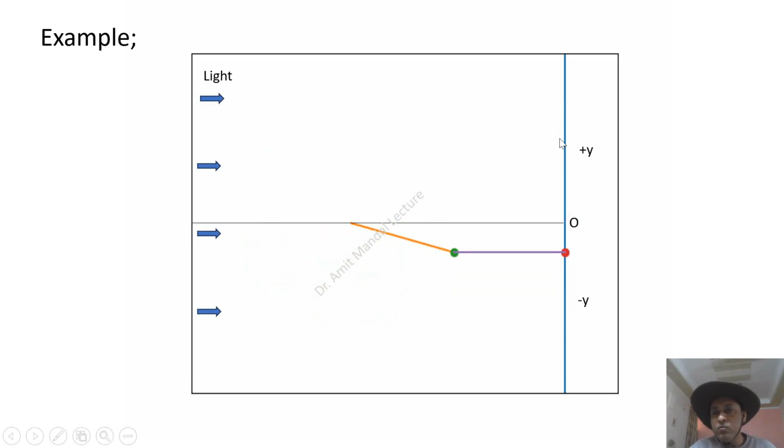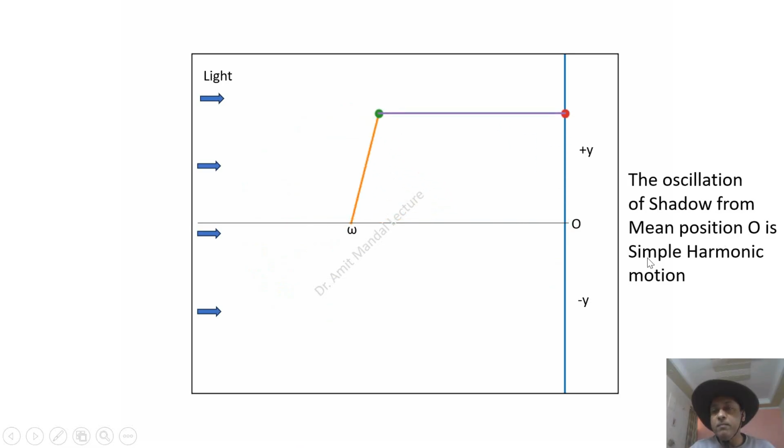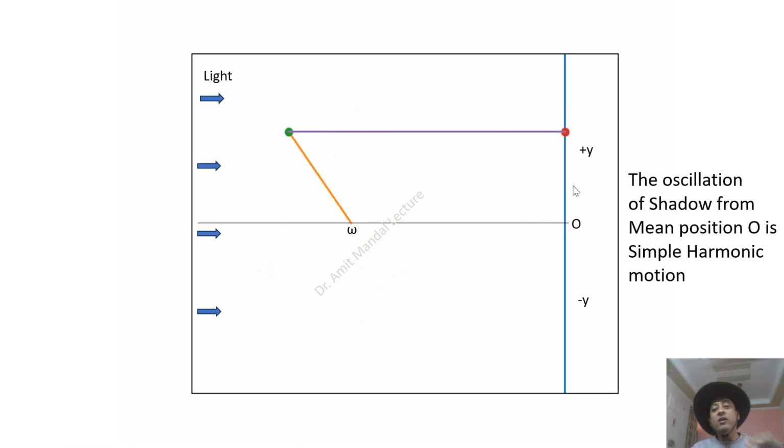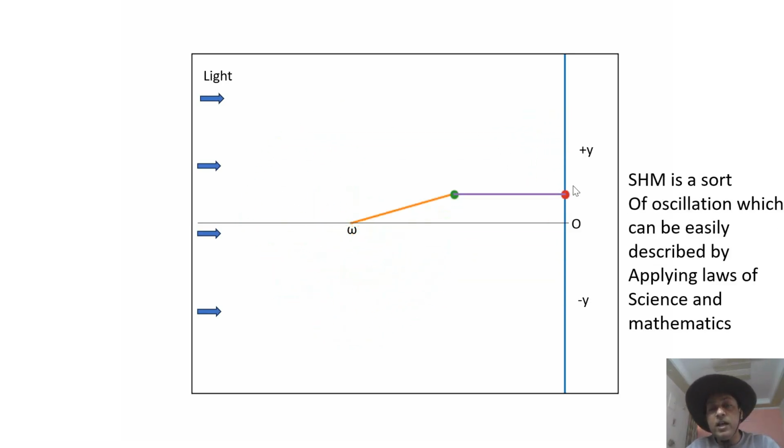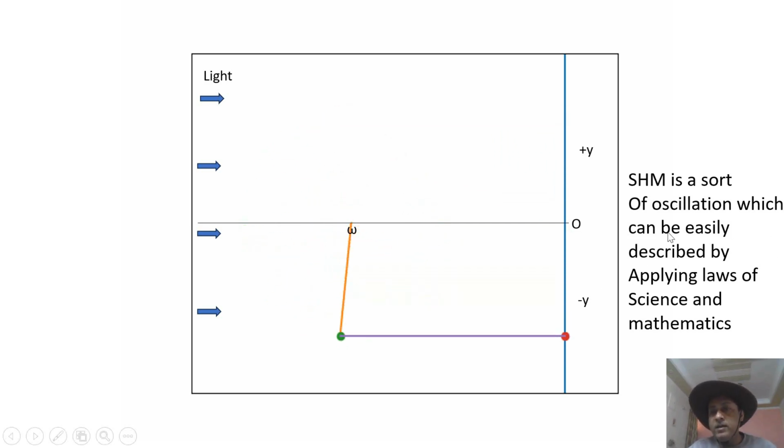This movement of the shadow in to and fro motion about this fixed point O is a simple harmonic motion. I already said that simple harmonic motion is a sort of oscillatory motion, and by application of rules of mathematics and science we can easily describe the properties of that vibratory motion. What does describe mean?